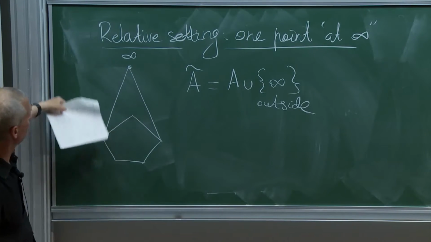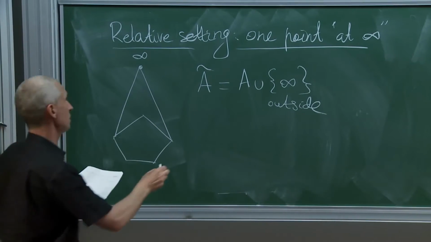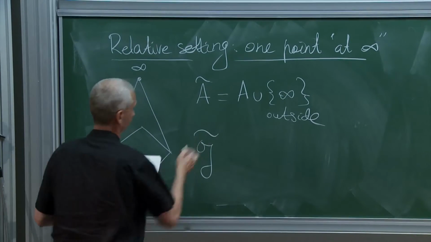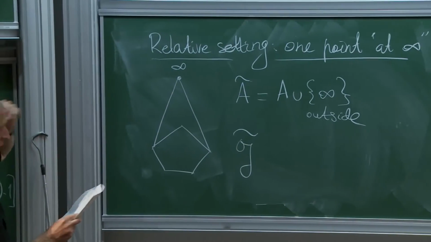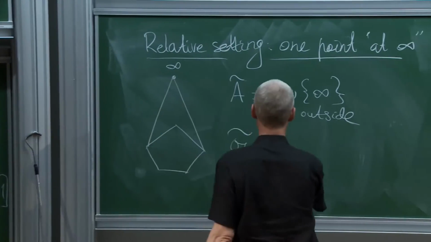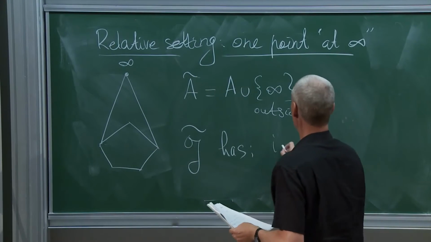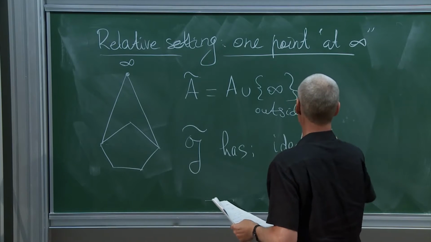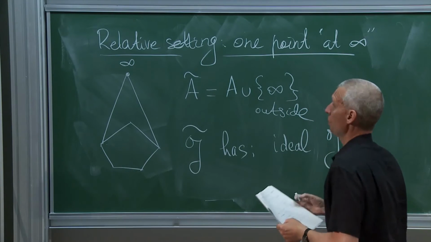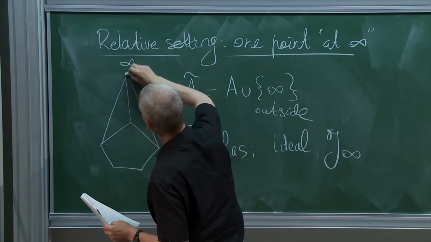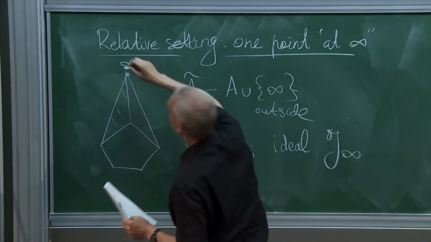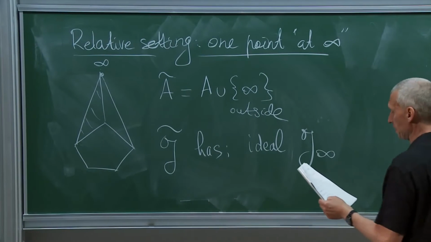Then in this case, we can form the corresponding L-infinity algebra, call it G tilde. We can do it with coefficients, we can do it without coefficients. First of all, it has an ideal, in the obvious sense, called G infinity, which consists of infinite polygons, polygons of which one vertex is at infinity.